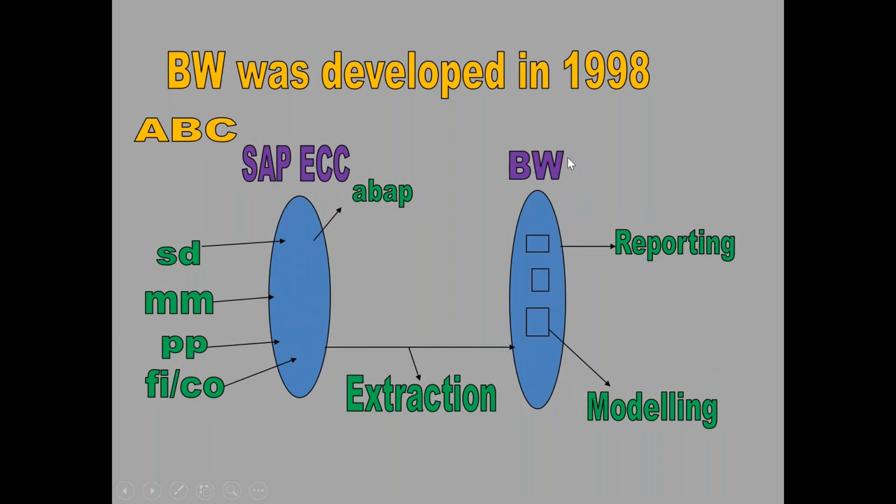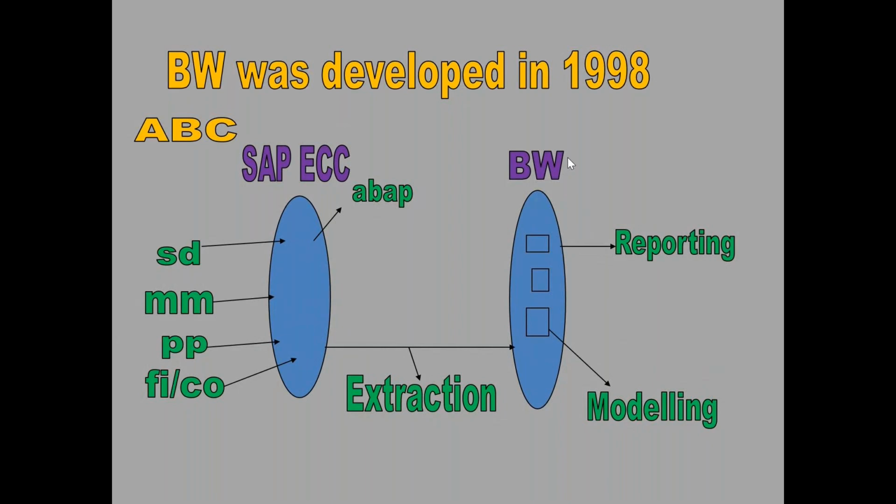What do we mean by OLAP? Online analytical process. This OLAP is for reporting and analytics, which is our BW system. So finally, the SAP solution for OLAP or analytics is the Business Warehousing system.